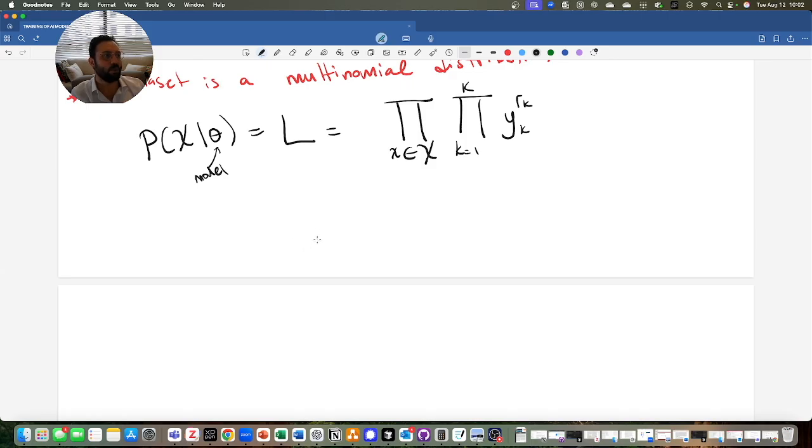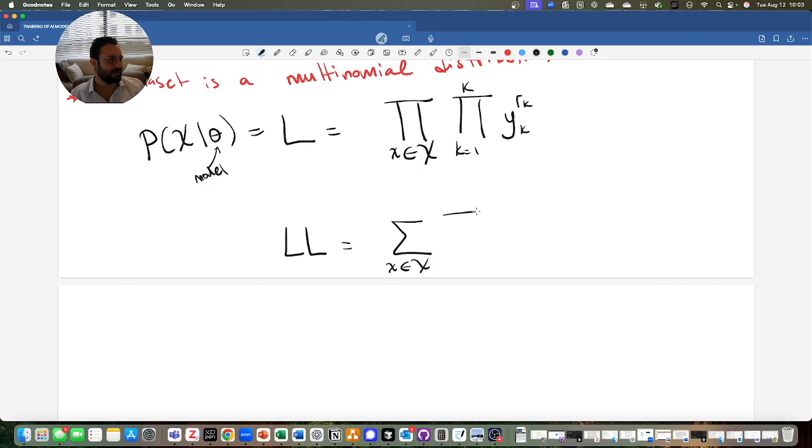The next step for me is to take derivatives, and of course, I don't want to deal with this product. I take the log of this because the logarithm is a monotonic function. When I take the logarithm, all of the multiplications become summations.